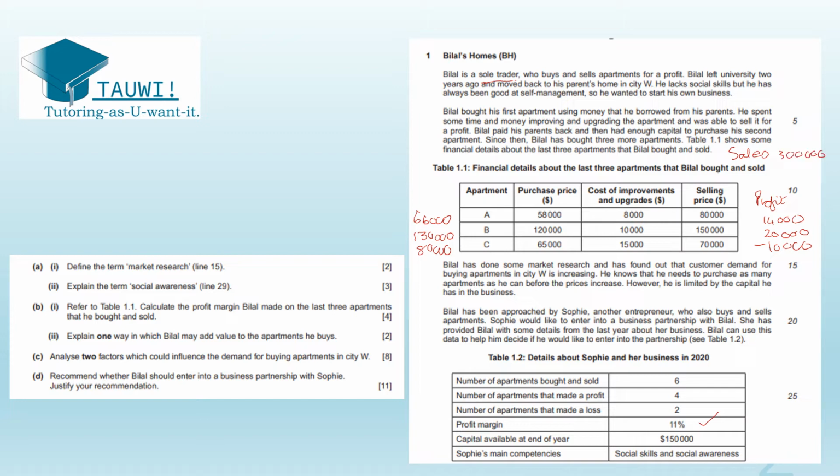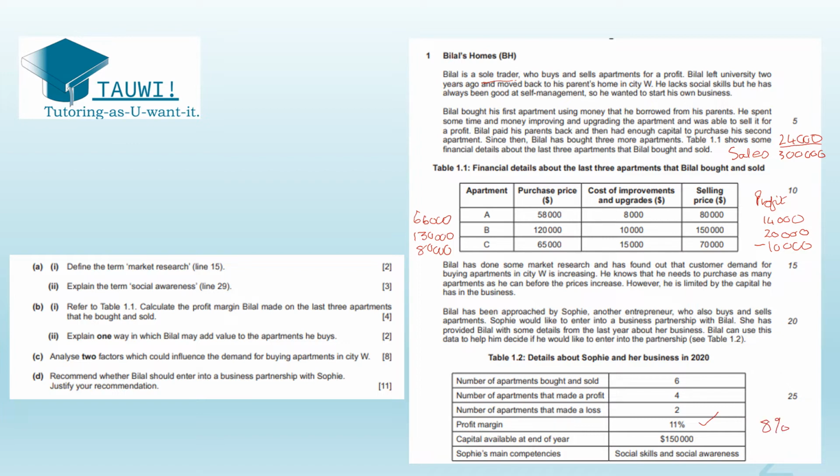His profit was 14,000 plus 20,000, which is 34,000, but minus 10,000. So his profit was only 24,000. If we calculate the profit margin, it's 24,000 divided by 300,000. So his profit margin is only 8%. So she's actually doing better.